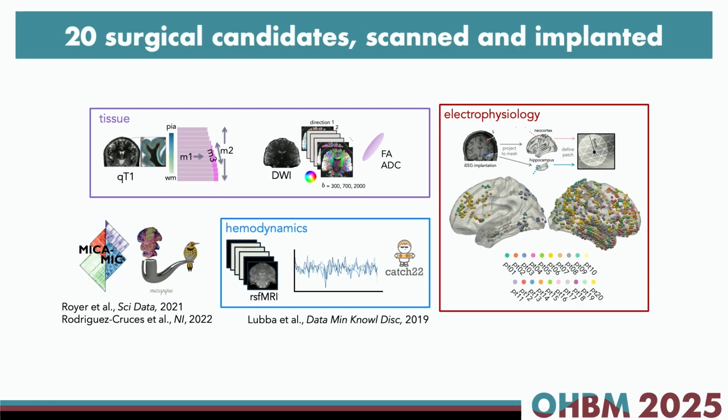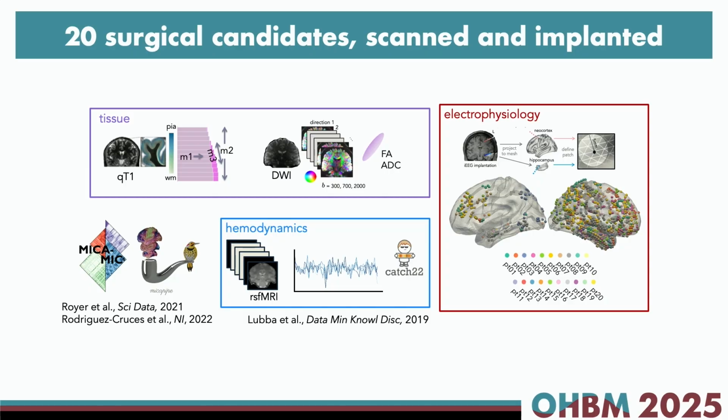This protocol has been published with healthy controls before in the MICA-MICs data set, and it was pre-processed with micapipe. The measures that we're interested in are quantitative T1 measures that are myelin sensitive, diffusion measures, and hemodynamics assessed with resting state BOLD.